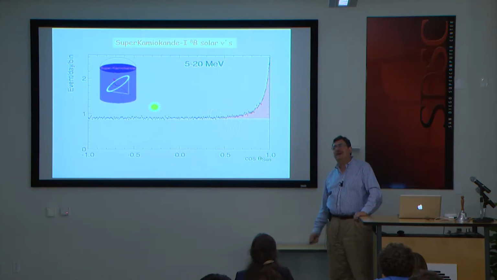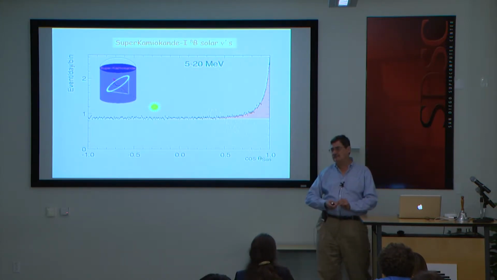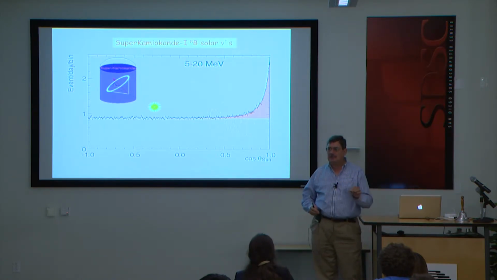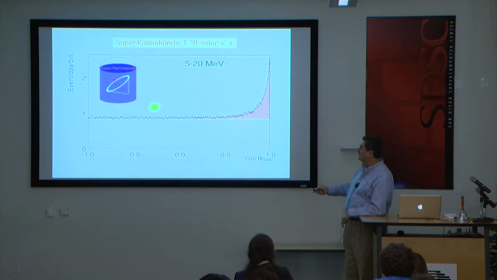So if a 5, 6, 8, 10 MeV particle hits that electron, then the electron starts moving quite fast, ultra-relativistically. It moves faster than light does in water. So when a charged particle moves faster than light does in a medium, it emits Cherenkov light in a cone.